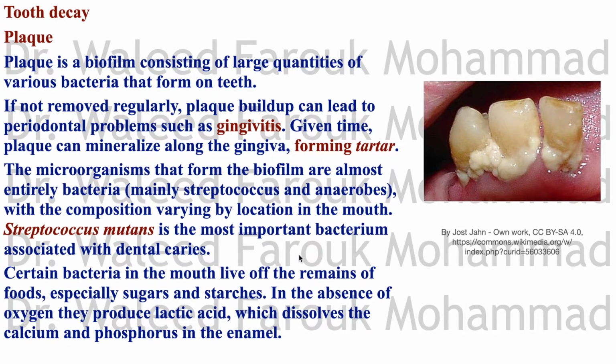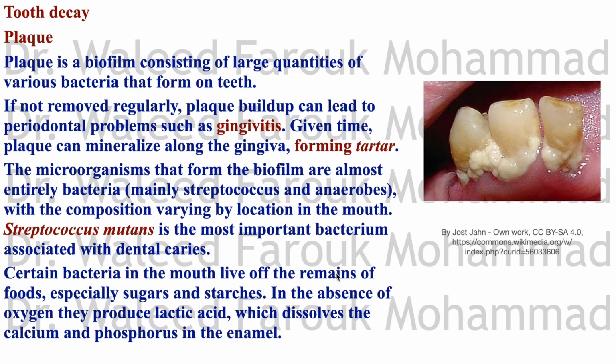The microorganisms that form the biofilm are almost entirely bacteria, as mentioned, of the Streptococcus strain and anaerobes, and one strain responsible for decay is Streptococcus mutans. It's the bacterium most associated with dental caries.